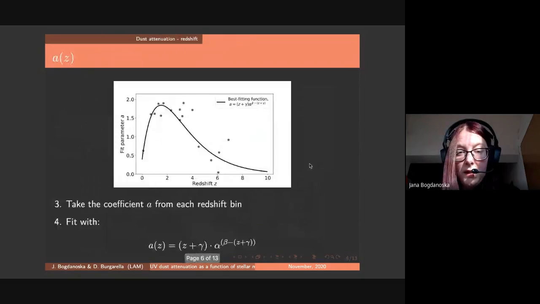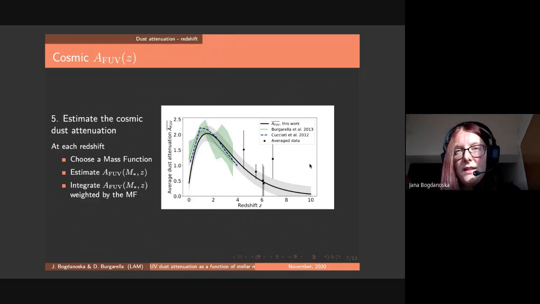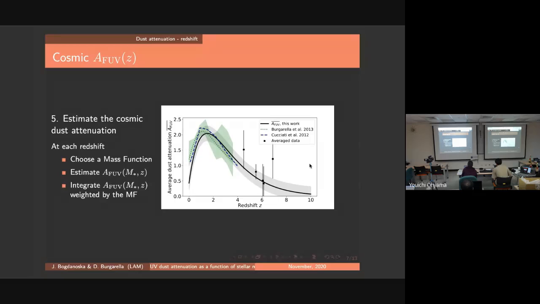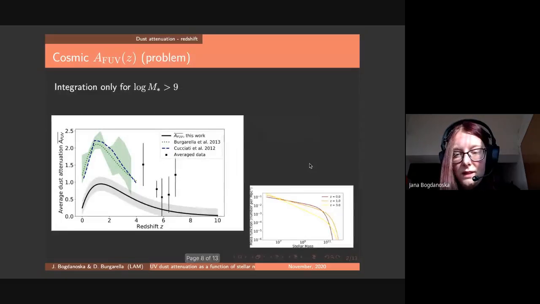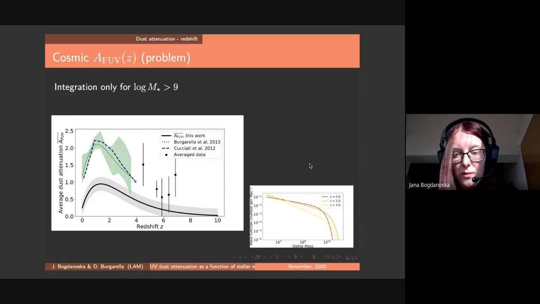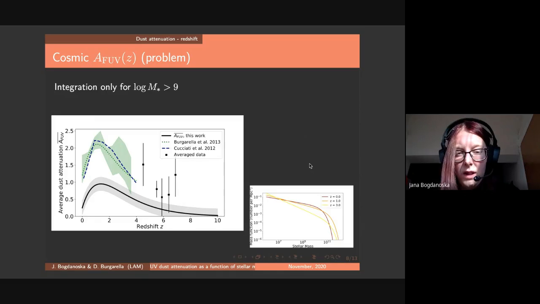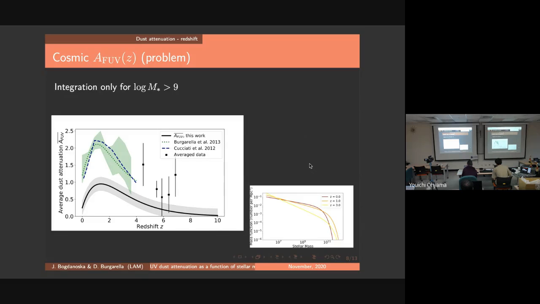However, to be able to explain this plot, I don't want to say it is theoretical, but we do need these low mass objects to have a higher dust attenuation, because on average we observe this cosmic dust attenuation. I don't know if that makes sense.